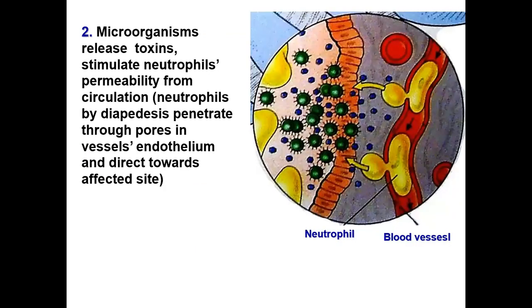Second, microorganisms release toxins that stimulate neutrophils, which leave the circulation by diapedesis, penetrating through pores in the vessel's endothelium and moving toward the affected site.